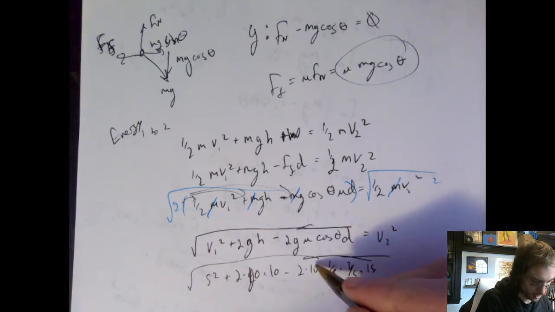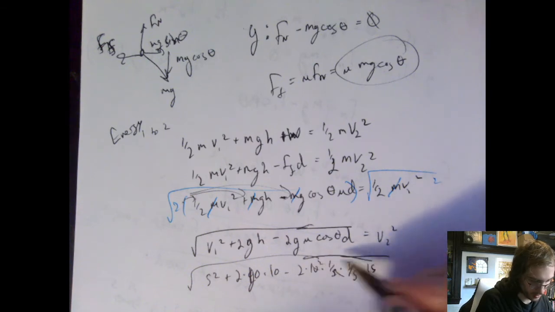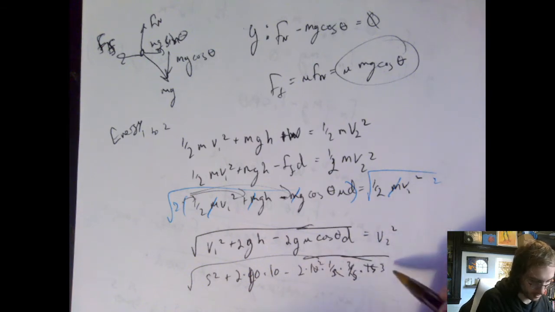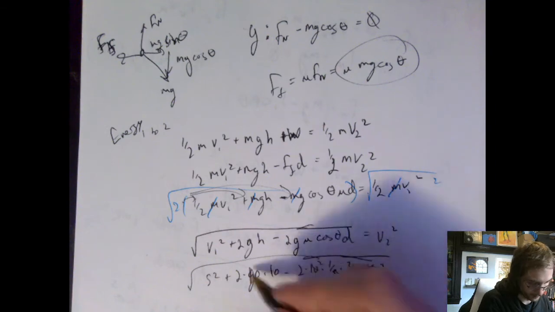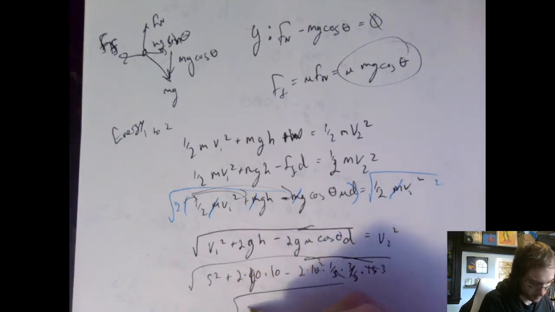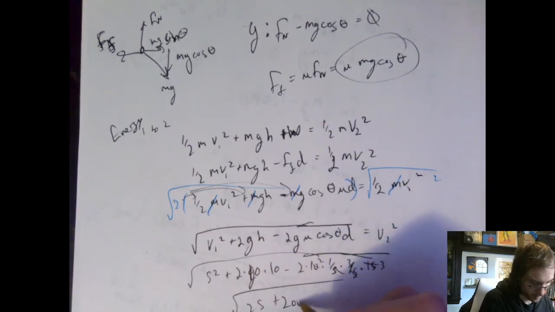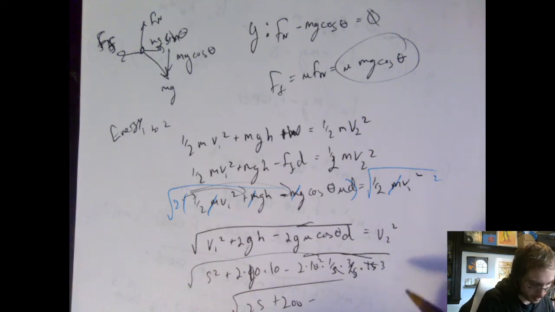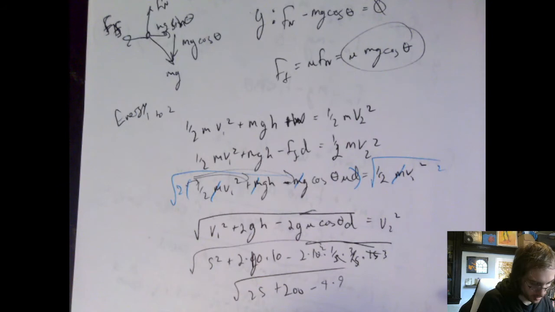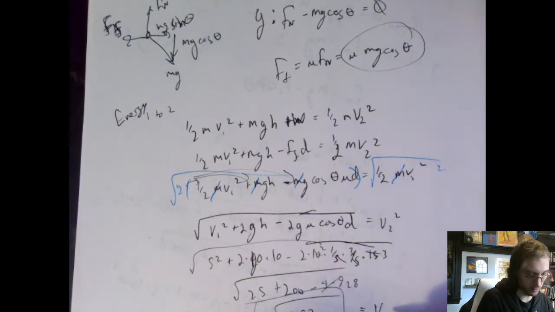So it's going to be 2, that's going to be 3. So we're going to have square root of 25 plus 200 minus 4 times 9, which is 28. So root 197 is our velocity for our second location.